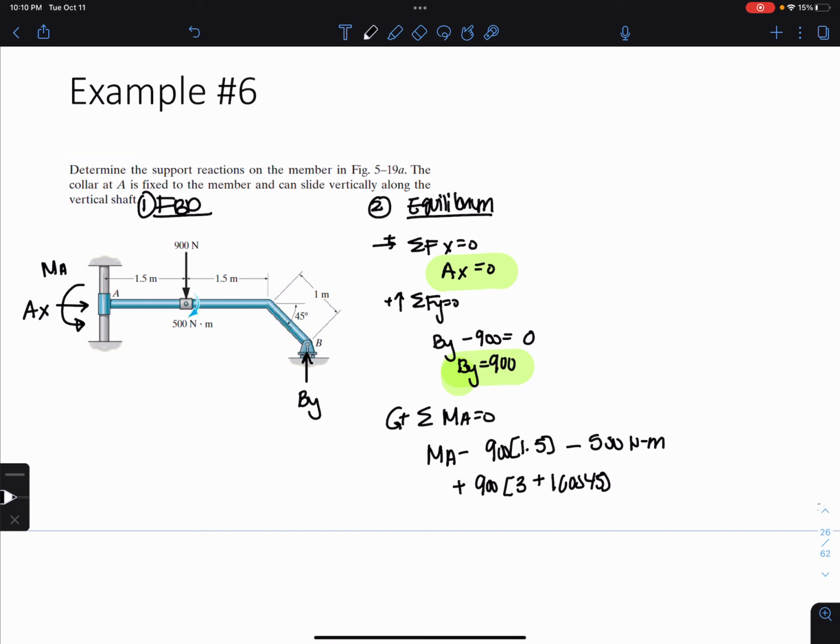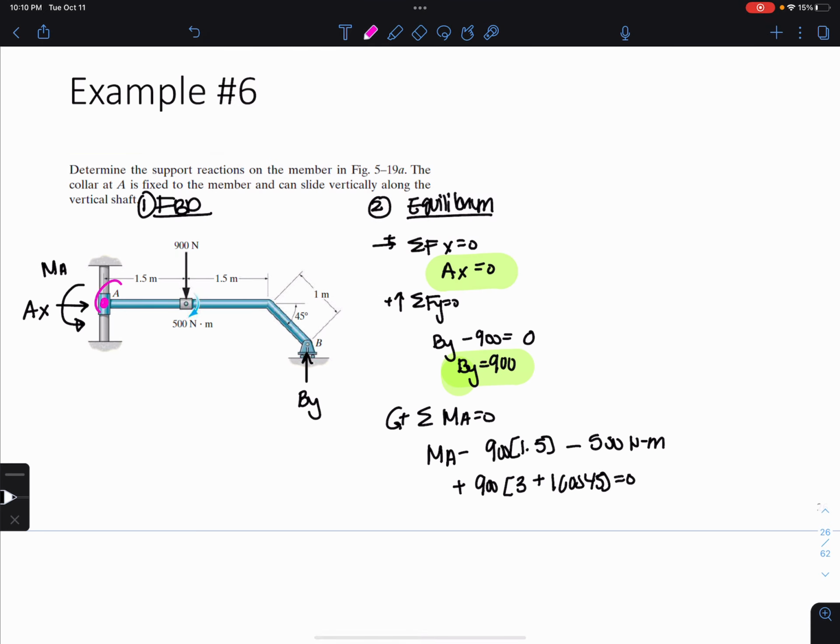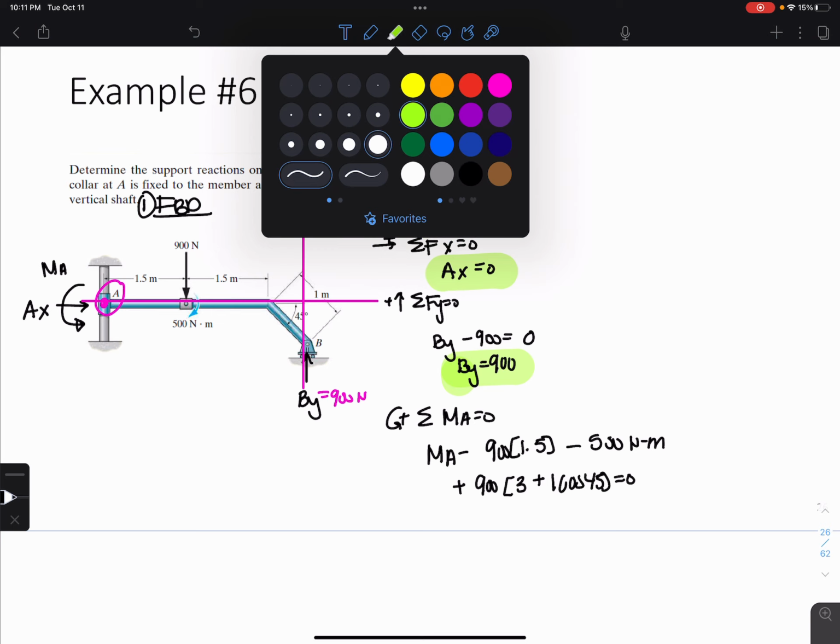And let me show you how I got that moment arm. If I'm summing moments about point A, right there, and this is BY, it's 900. I'm going to draw a line through the line of action of the force, and then I'm going to draw a line perpendicular through point A. That means I need this distance.